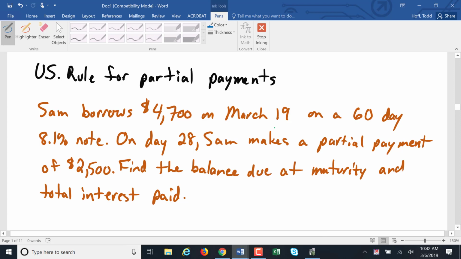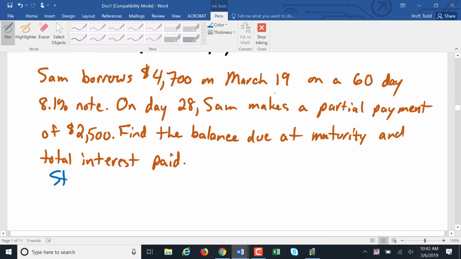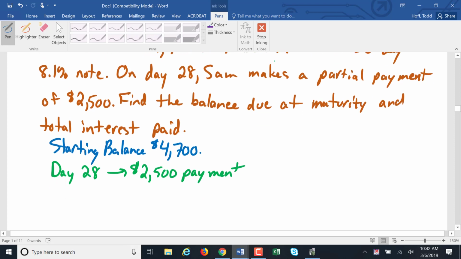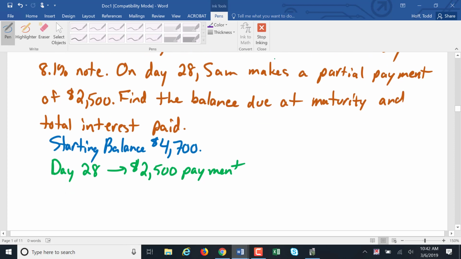So to break down this problem, we start out with a starting balance of $4,700. Our next action is on day 28. We have a $2,500 payment. So we have to calculate how the balance is adjusted for that payment. Whenever there's an action on a simple interest account, the first thing that happens is we calculate the interest.